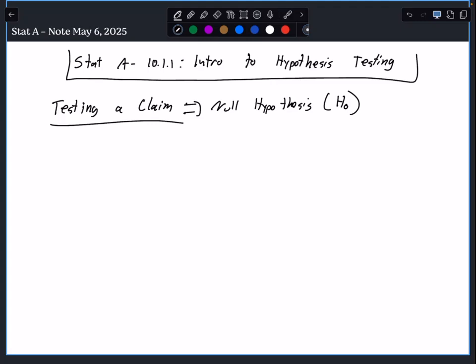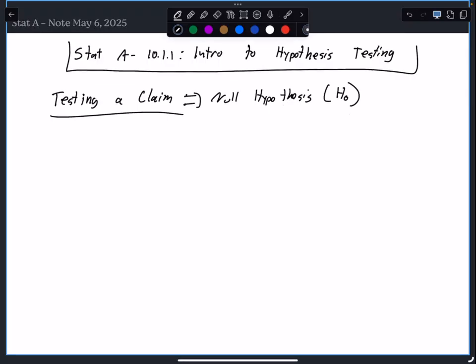So this is some claim. This is some belief that somebody has. They claim that this is what it looks like, that we have 50% of students who pass, that we have 20% of students who go off and do this thing. All right? There's some claim there.